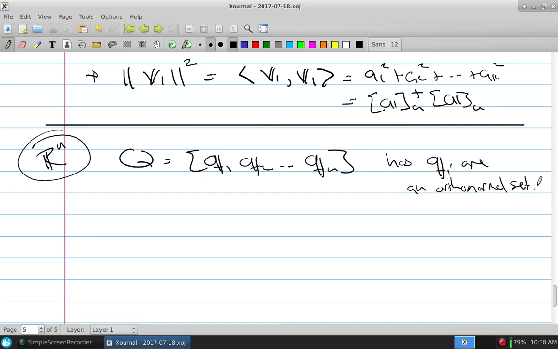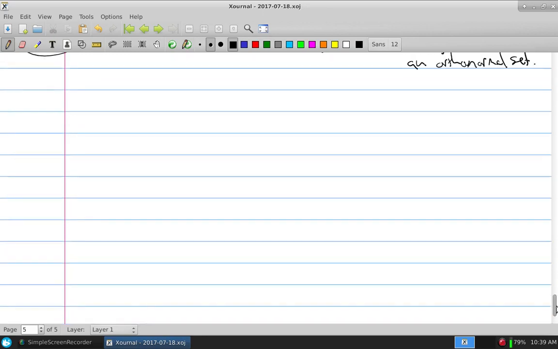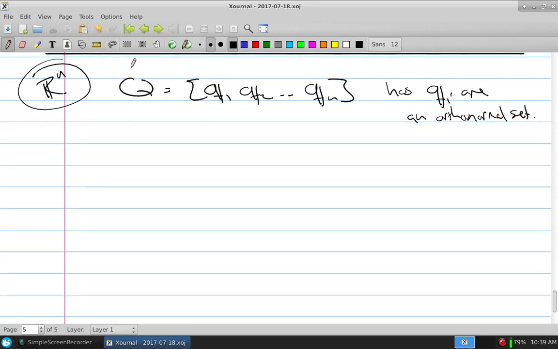So if I have an orthonormal set, we're going to throw away continuous functional space. I'm just going to look at Rn. So it's normal vectors, and these vectors are orthonormal. That means every column is orthogonal to every other column. The length of every column vector is 1. So it's an orthonormal set. That particular collection actually has a nice property as a matrix.